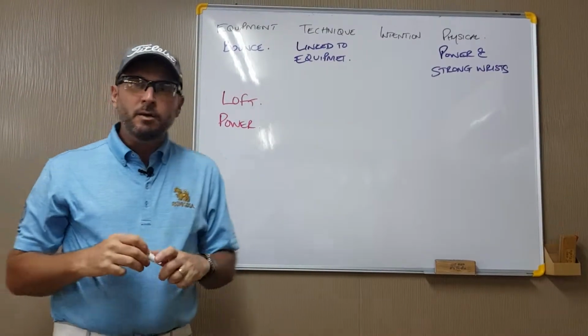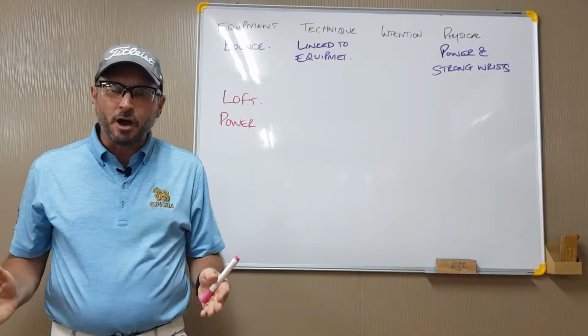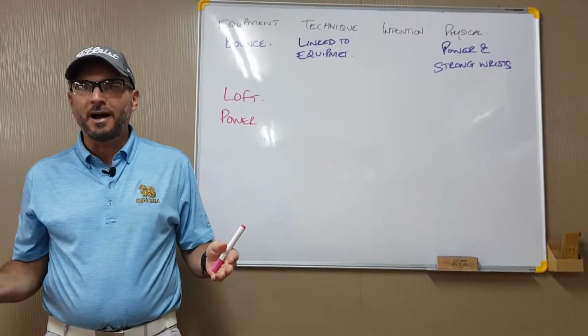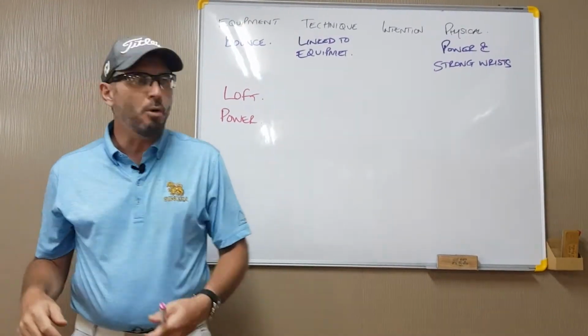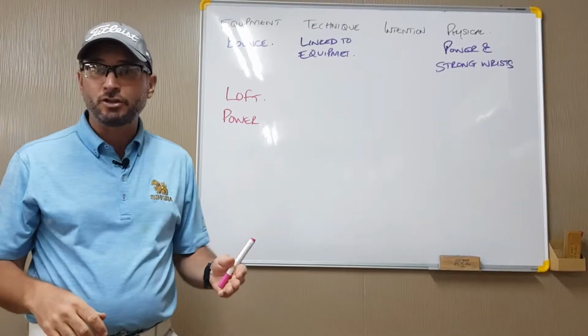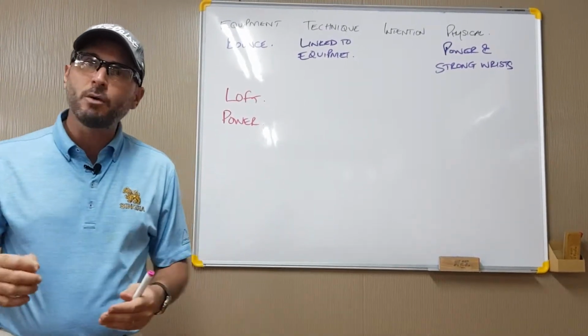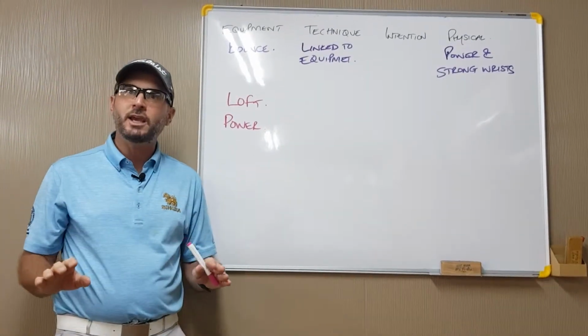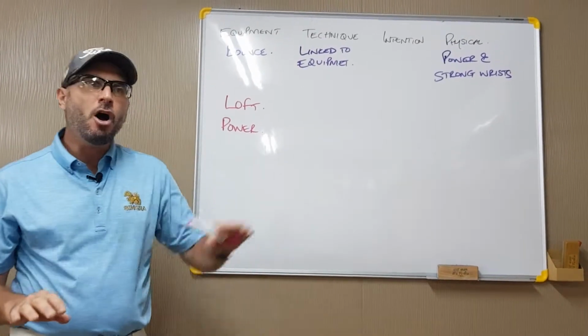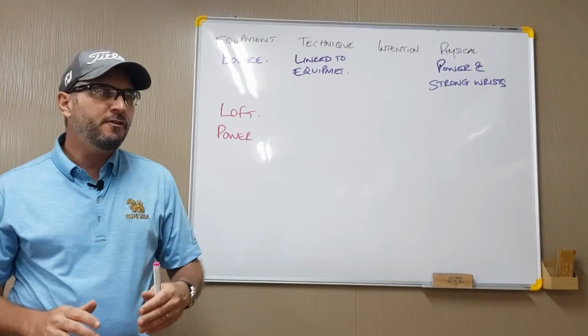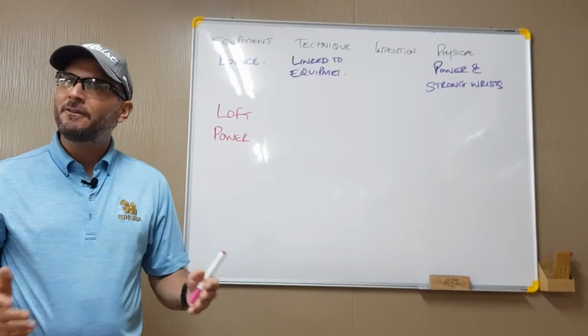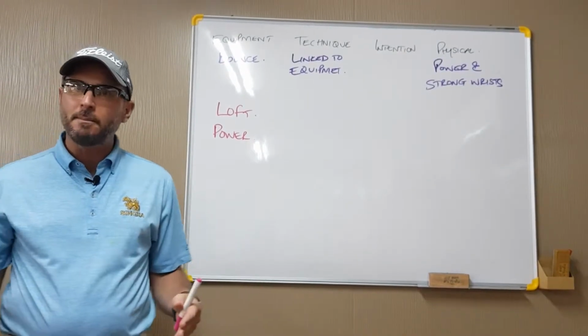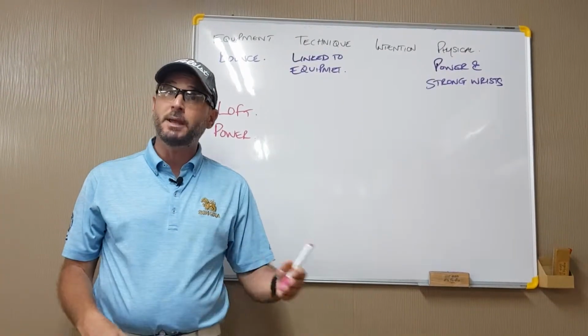Now, if we take the loft of a 7-iron, maybe around 35 degrees, it's going to get the ball coming out at a certain trajectory. The more power that you add into it, even when you keep the loft the same, the higher the trajectory. So if you're trying to chip a ball out 50 or 60 yards, the 7-iron might be appropriate. It may even be a 9-iron.